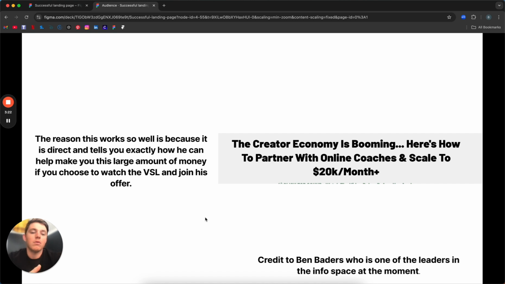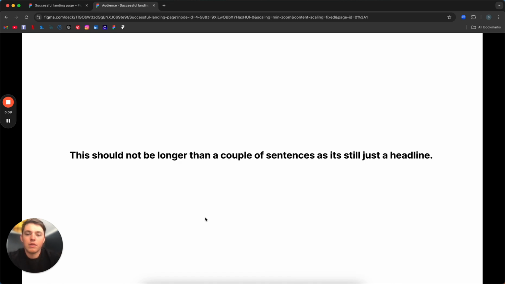Who you're going to be working with, and exactly a quick reason why this headline is valuable and why this model will work is because the creator economy is booming, and as we all know, it is. So it's not a false statement in any regard. So yeah, and then moving on, this should not be longer than a couple of sentences, as it's still just a headline.